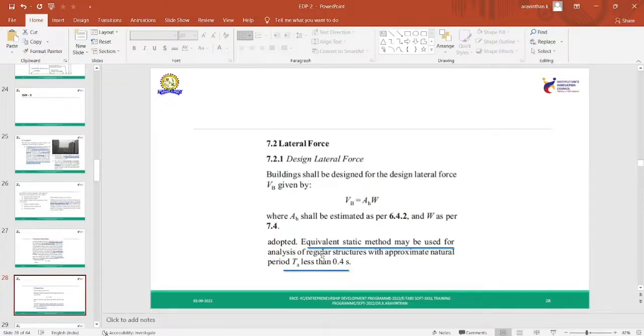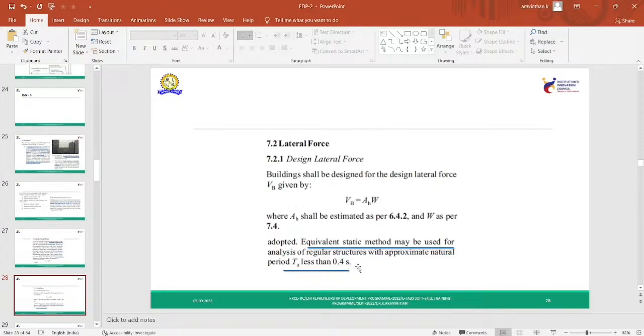Okay. This method may be used for analyzing a regular structure. If you have too much eccentricity, it might be mass eccentricity, geometrical eccentricity, or stiffness eccentricity, then you cannot use the equivalent static method. This can be applied for regular structures with natural period TA less than 0.4 s.